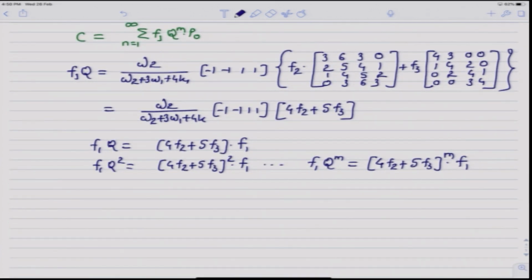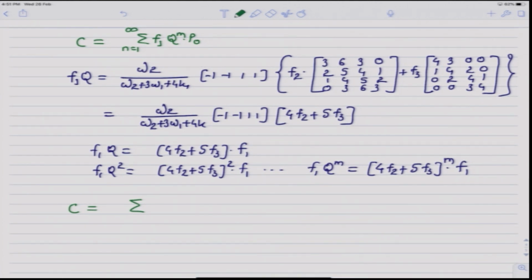So, if we substitute in this series, we get the equation for C as C is equal to sigma, since now we are calling n by 2 as m and n is a very large number. So, we can replace this with m equal to 1 to infinity.